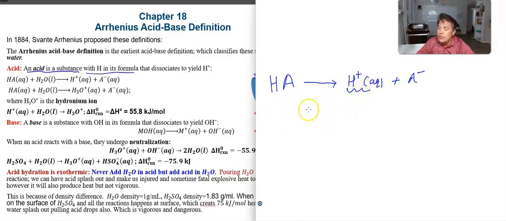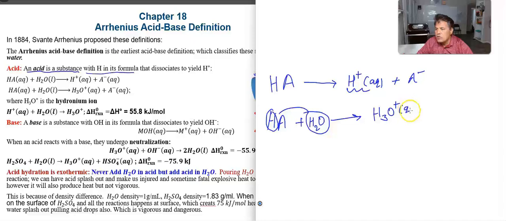But more precisely, if HA is the acid and we react it with water, then that will produce the hydronium ion. This H plus with H2O makes one ion, which is said to be H3O plus aqueous, and A minus. Actually, the H3O plus ion is similar to the H plus ion.